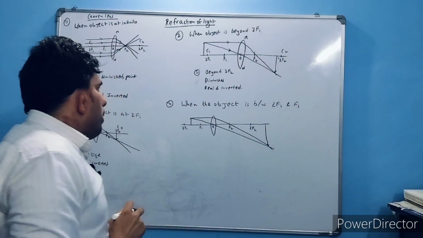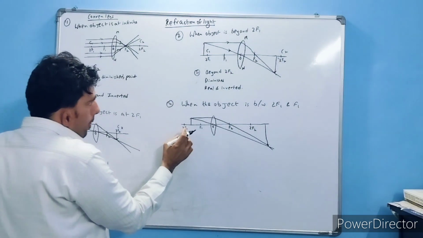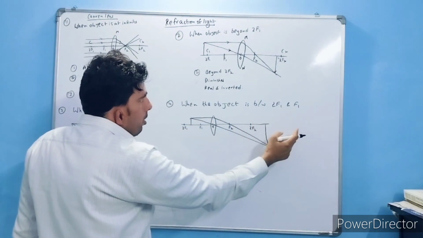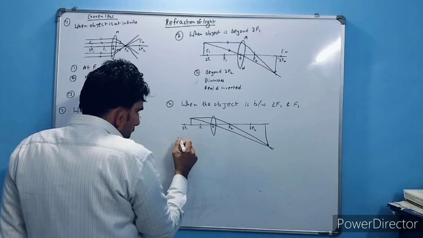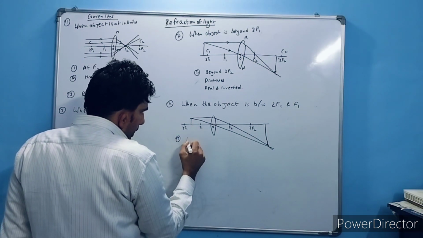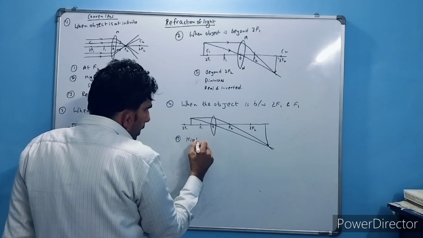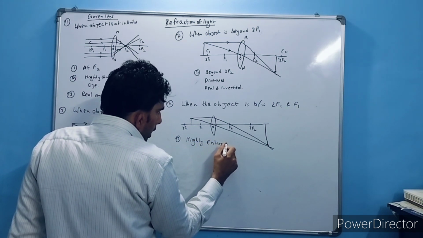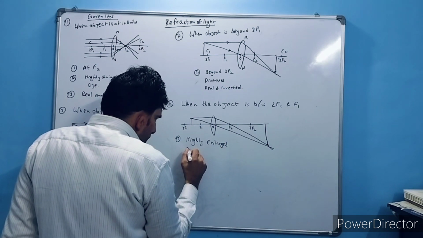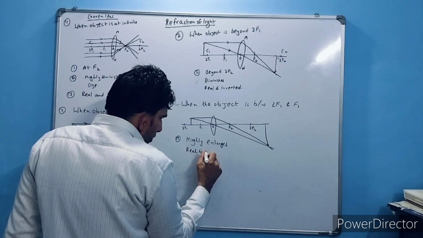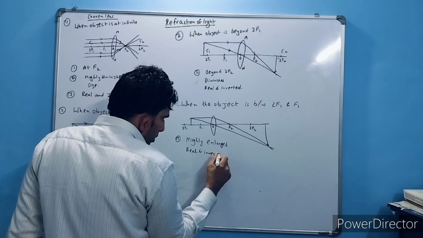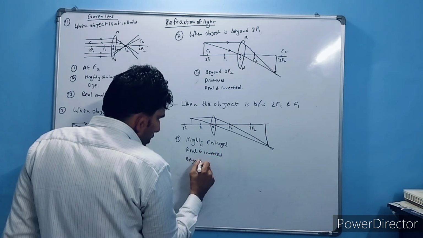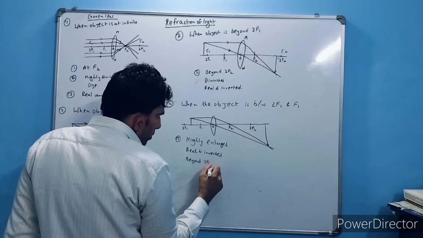So we can say when the object is between 2F1 and F1, the image will form beyond 2F2. It will be highly enlarged. Second thing, real and inverted, and will form beyond 2F2.